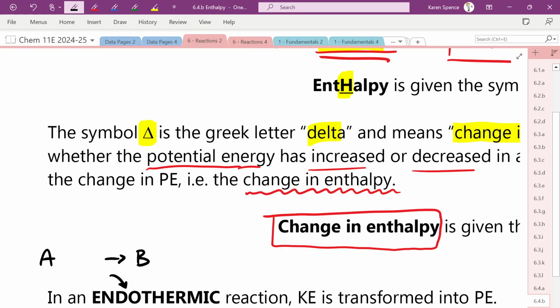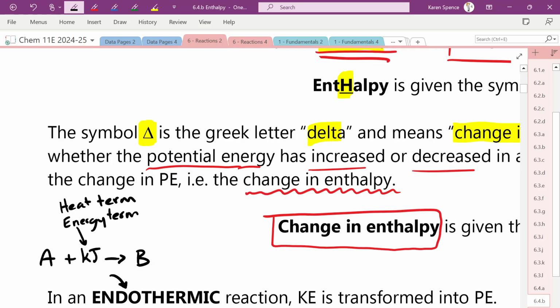Would it go in the reactants or the products? Okay, that's our energy term, also known as the heat term.